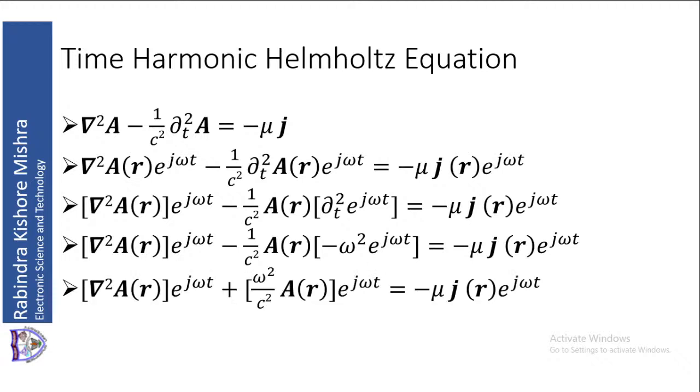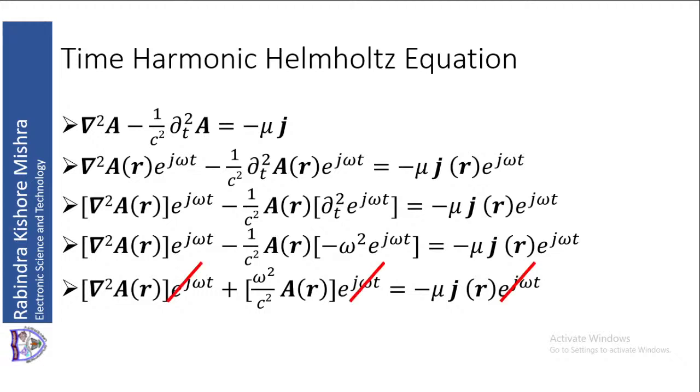Now in the second term on the left hand side we have two minus signs, so minus minus becomes plus. The equation now becomes del square A(R) exponential j omega t plus omega square by c square A as a function of R, into exponential j omega t, is equal to minus mu J as a function of R exponential j omega t.